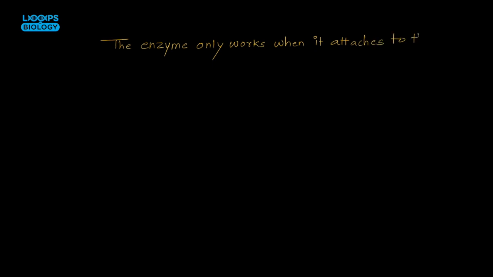Let's check the role of coenzymes and cofactors. As we have seen, the prosthetic group attachment drives the enzyme to become active. However, the enzyme only works when it attaches to the substrate. It's as simple as that. Whatever the substrate, the enzyme is going to convert it into a product. That substrate has to get attached to the enzyme first, right?